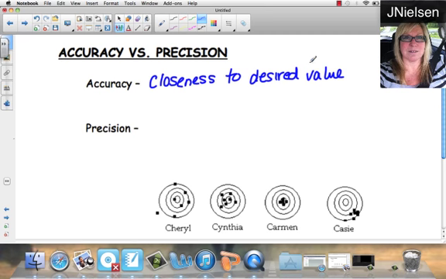For example, hitting the bullseye when I'm aiming at it. Precision is how repeatable the results are, or how consistent they are.